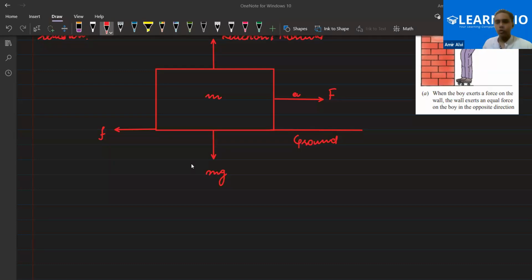Okay, so in this case this force is the action. And for this force, if this is the action, then this would be the reaction, because this is applying in the opposite direction. Yes or no, everyone? So this is the reaction.